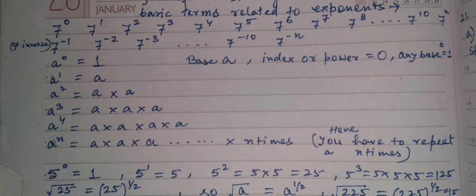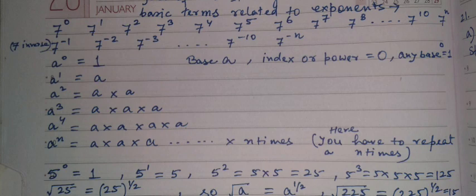So the powers are 0, 1, 2, 3, 4, 5, 6, etc. When I write 7 to the power minus 1, it can be called 7 inverse, and the rest of them I have written here: 7 to the power minus 2, 7 to the power minus 3, 7 to the power minus 10, 7 to the power minus n.